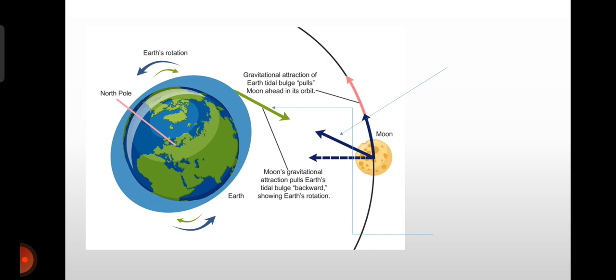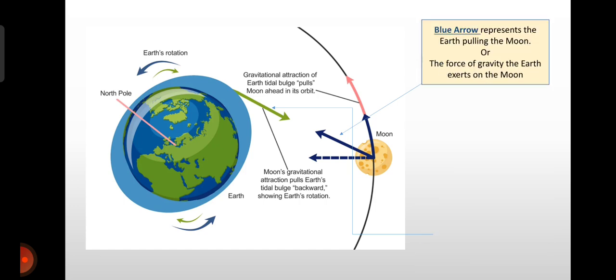Over here we can see that earth and moon are there, where moon is having a definite path which is called an orbit. We can see the blue arrows coming towards the earth. The blue arrow represents earth pulling the moon, or the force of gravity the earth exerts on the moon.